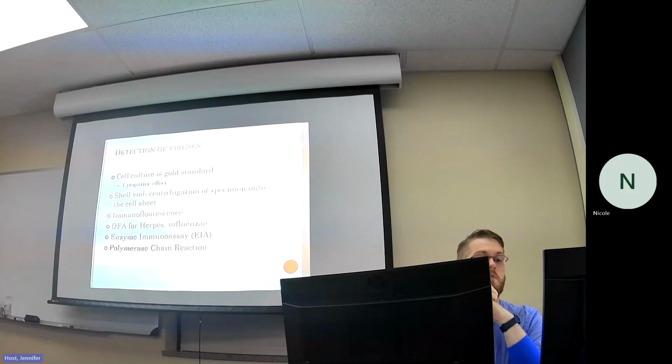Polio viruses, fecal oral, general headache, malaise. Poliomyelitis eventually will cause cranial nerve damage. That's why you see the people in the wheelchairs. Some of my older coworkers that are no longer here, when they got the polio vaccine, it actually caused some paralysis in them.